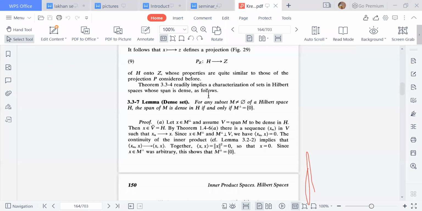For any subset capital M, not equal to phi, which is a non-empty subset of a Hilbert space capital H, the span of M is dense in capital H if and only if M complement contains only one element, that is 0.